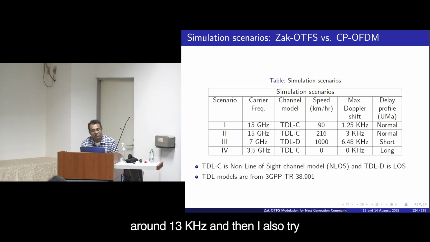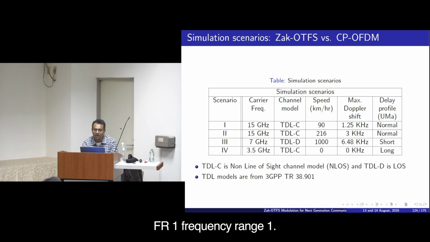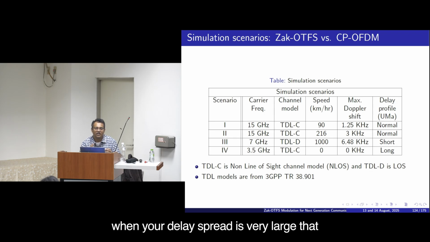And then I also try to demonstrate a case where there is no Doppler. You have a non-line of sight channel in FR1, frequency range 1, 3.5 gigahertz, which is there in 5G, but I use a long delay profile. So this is when your delay spread is very large.